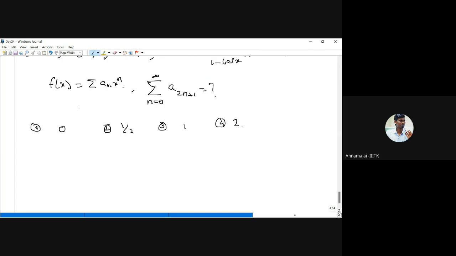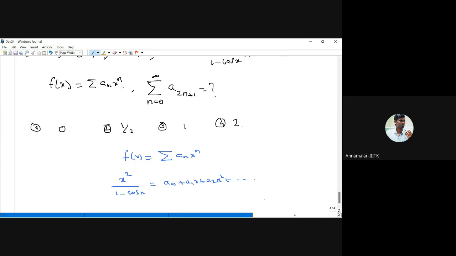So now just write what is f of x. It is given that f of x can be written in the Taylor series expansion, summation a n x power n. But what is f of x? x square by 1 minus cos x equals, if you substitute this, a naught plus a1 x plus a2 x square and so on. Okay.